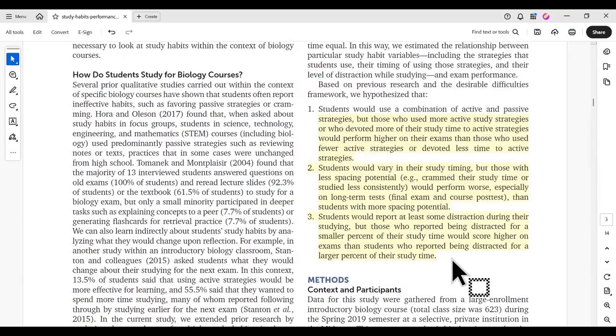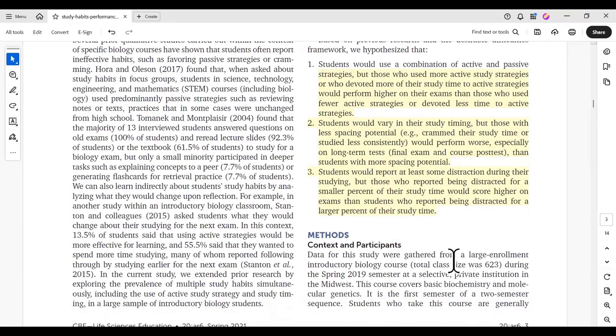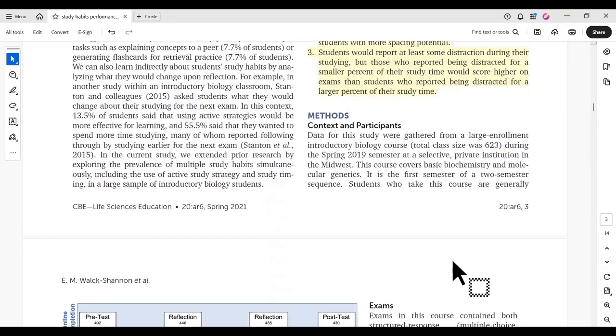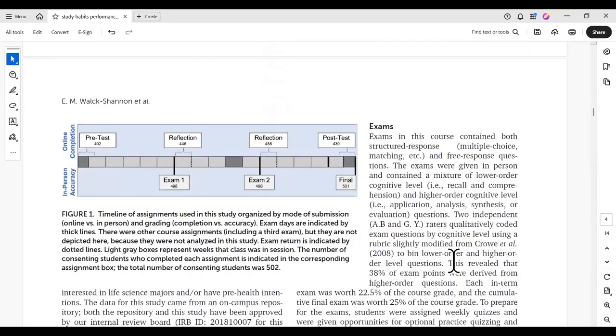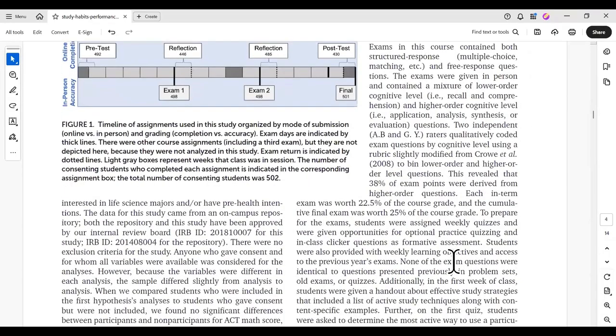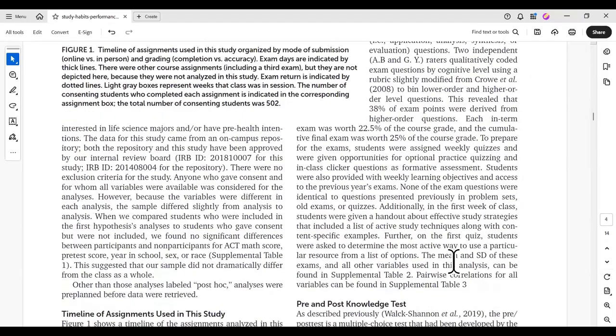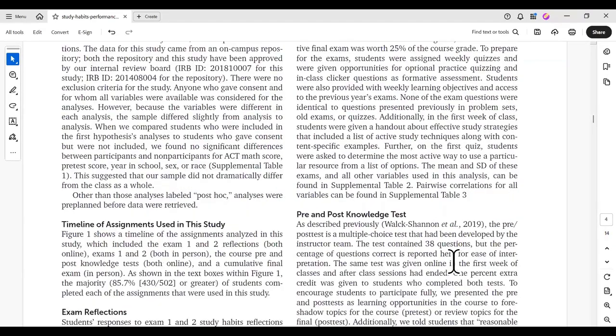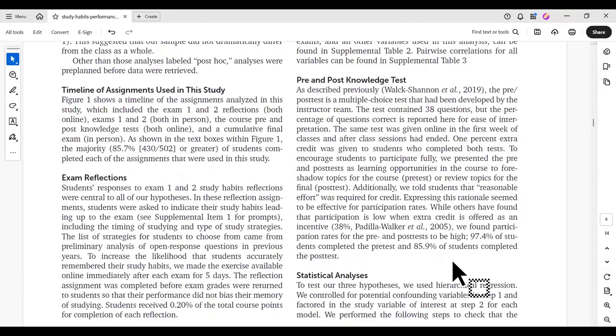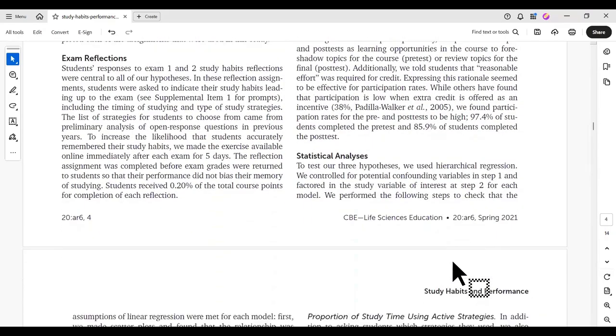Now, for us, the interested observer, for the most part, we can skip the methods. If you're interested in figuring out exactly how they did something, you can dive in here, but you don't really need to look at it when you're first scanning through the paper.